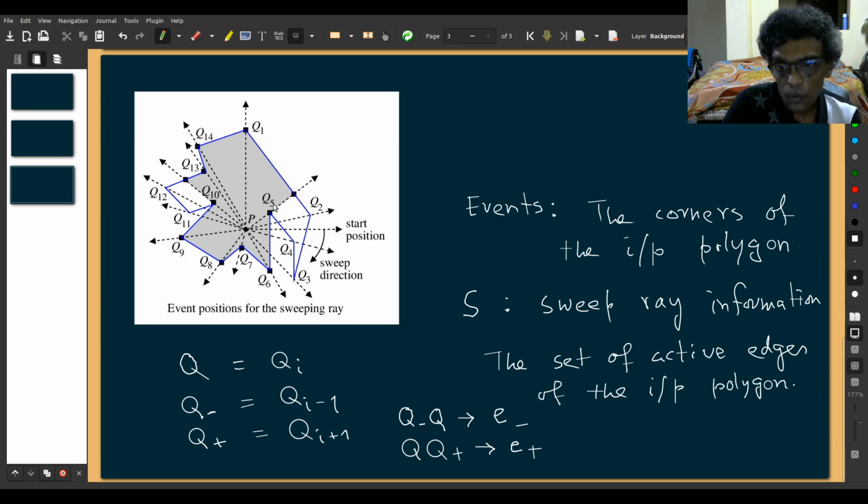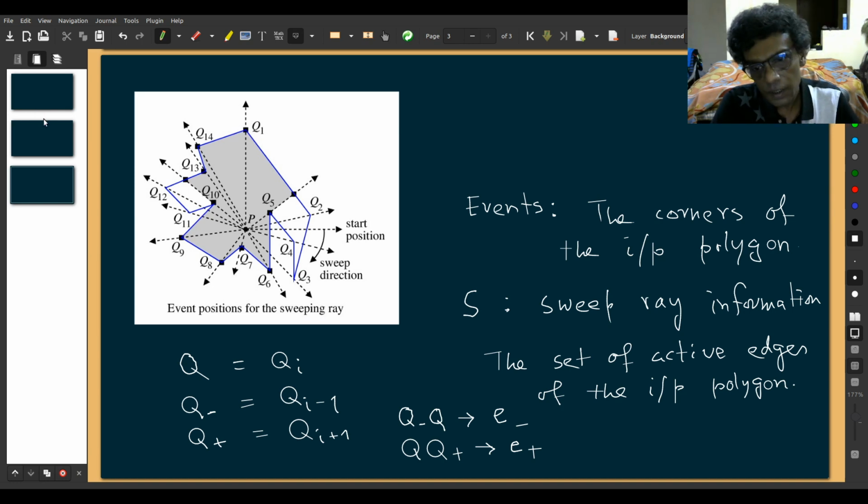Okay. So now let us see how we can handle an event. I will come to individually 4 types of events, but let us see what is the relative position of Q minus and Q plus with respect to the sweep line. If the event is Q1, you see that Q14 is to the left of this ray, whereas Q2 is to the right of that ray.